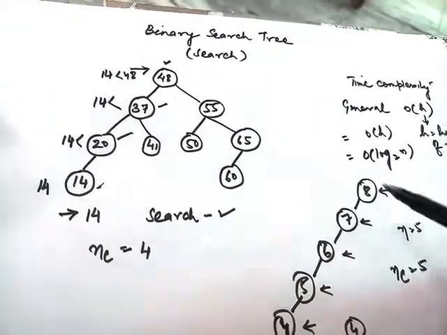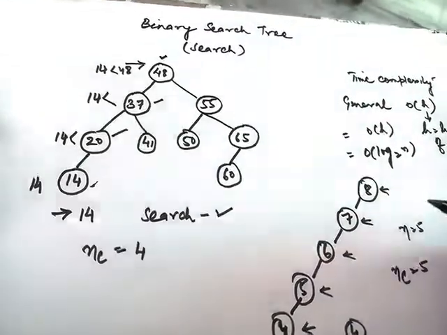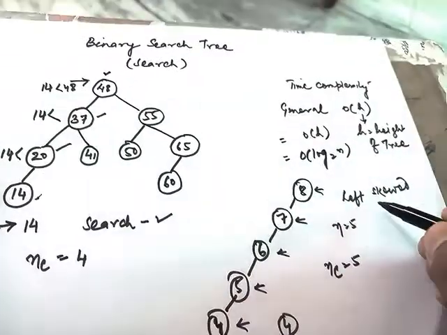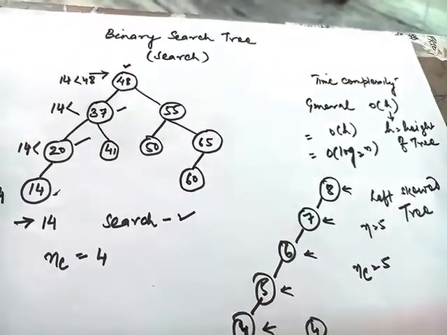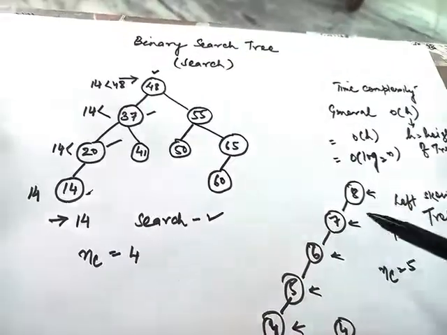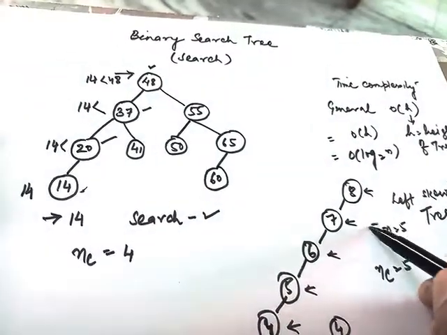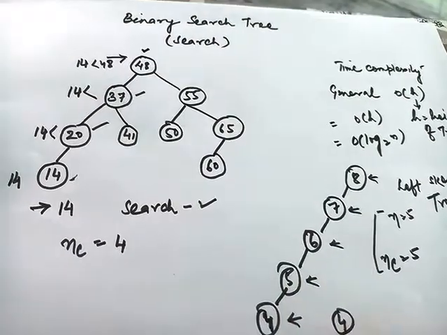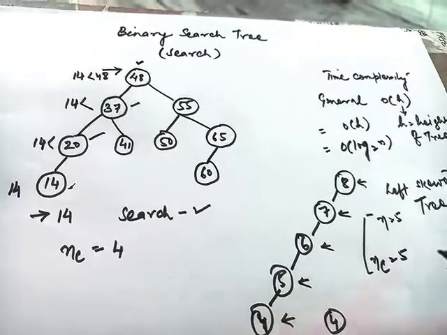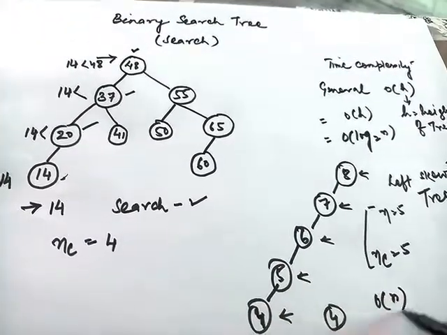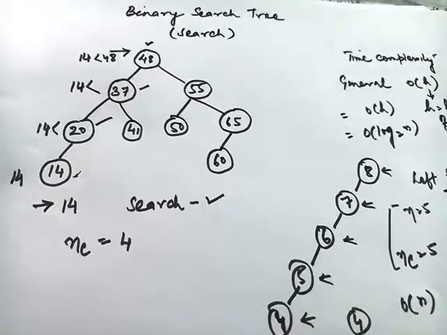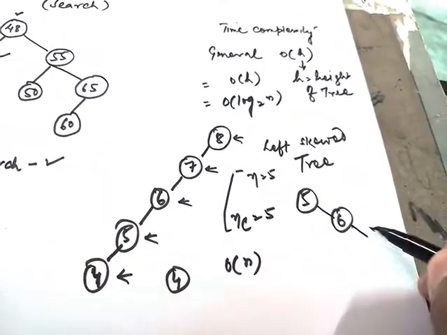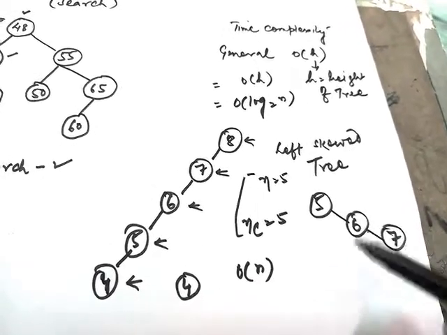So this tree is also called a left skewed tree, because all the nodes are on its left. If your tree is unbalanced like this one, where all the nodes are on the left side, in this case the time complexity will be order of n, where n is the number of elements. Similarly, suppose 5, 6 and 7, in this case all the nodes are on the right side.